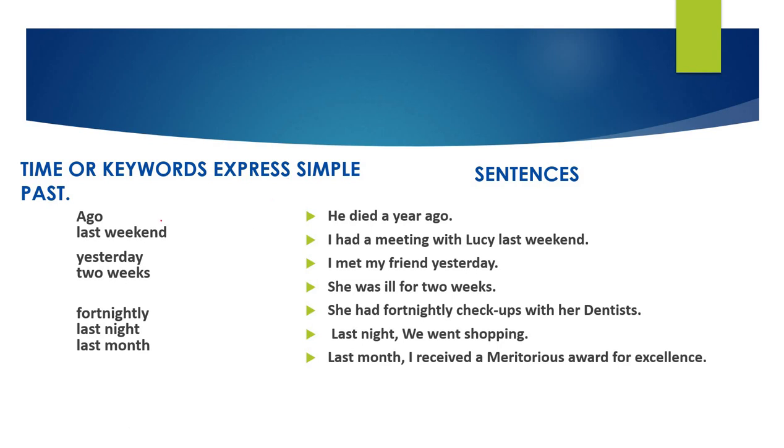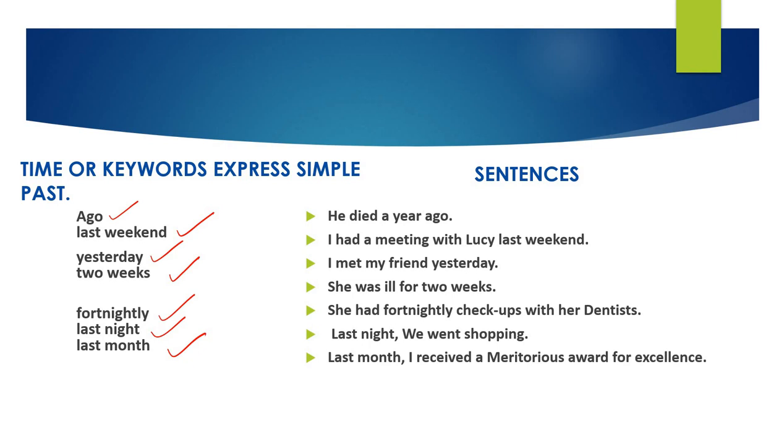Now what are the keywords used in the sentence which tell the action happened in simple past? Ago, last weekend, yesterday, 2 weeks, fortnightly, last night, last month. All these are examples of words that denote the action happened in the past.